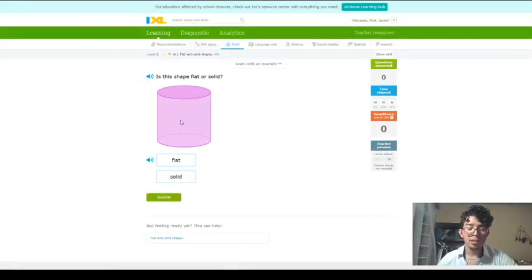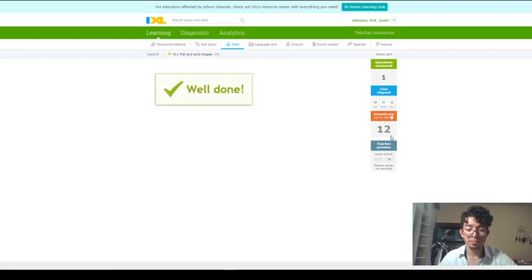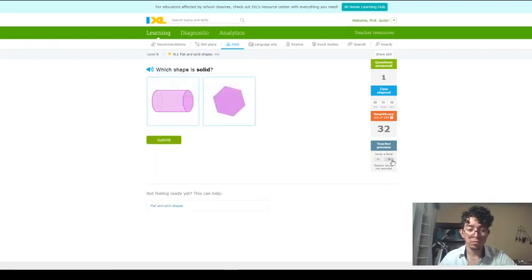So this shape, is it flat or is it solid? This will be a cylinder. So this will be a solid shape because it occupies space, porque sí ocupa espacio. We will have to click solid. Now let's check this.